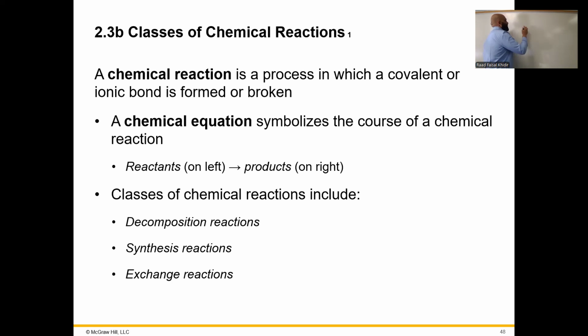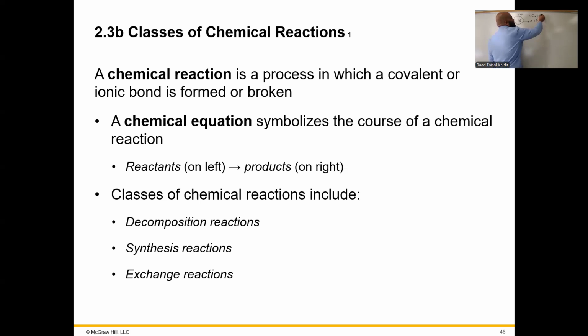We have the decomposition, where you have A and B together, and they decompose into A alone and B alone, like NaCl decomposing into Na plus and Cl minus.